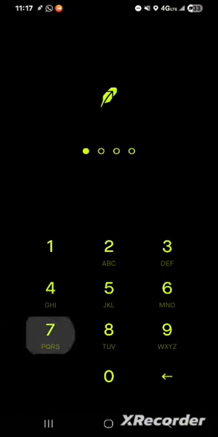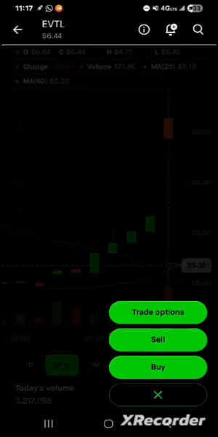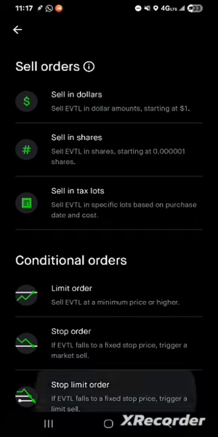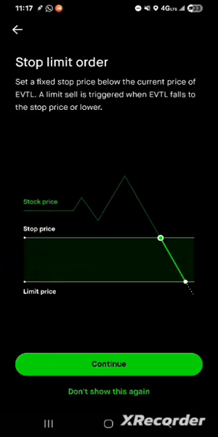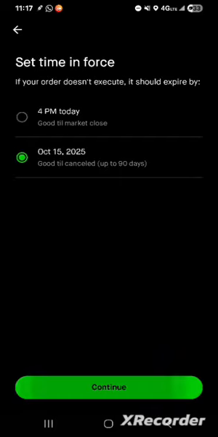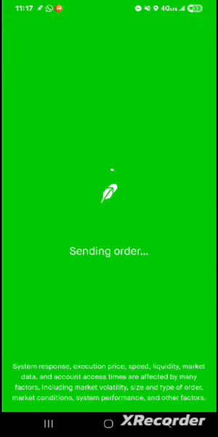So now what we want to do is set our stop loss. $4.30, give us some room to wiggle. 4.30. 8 shares. Okay.